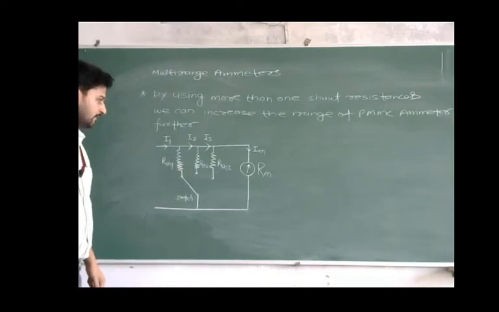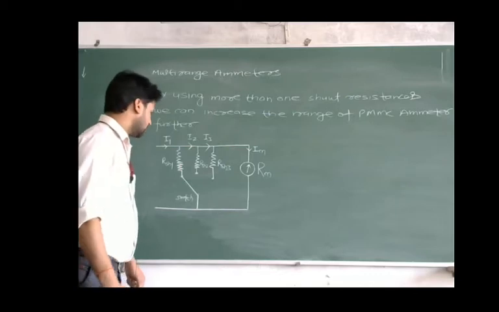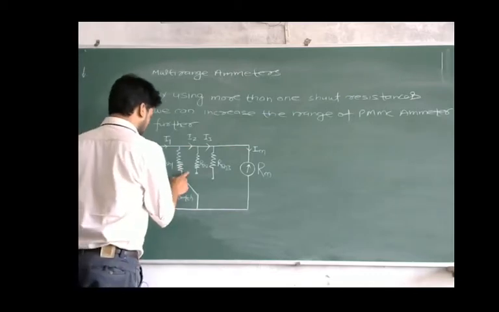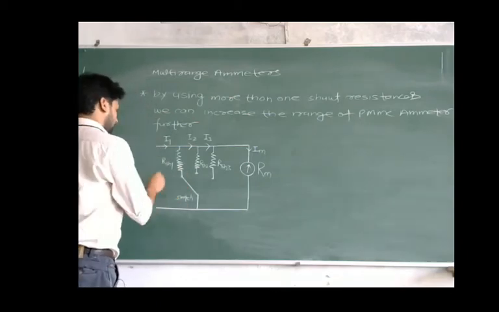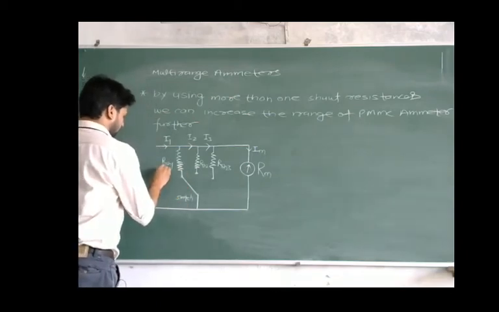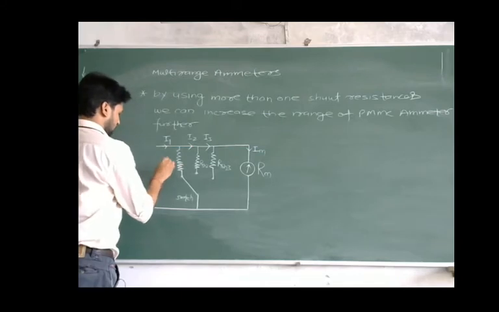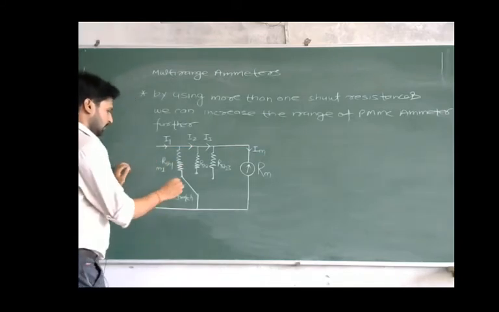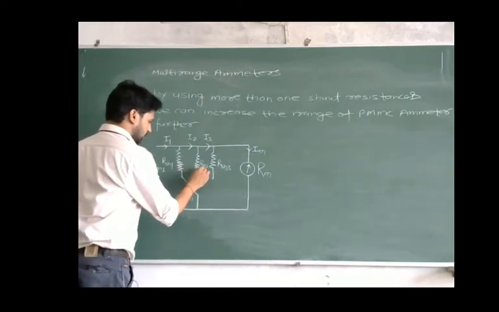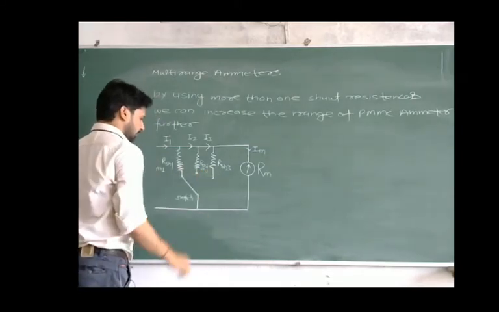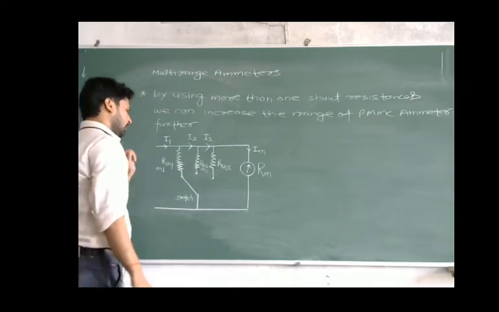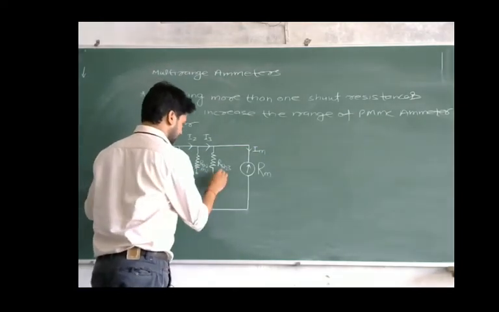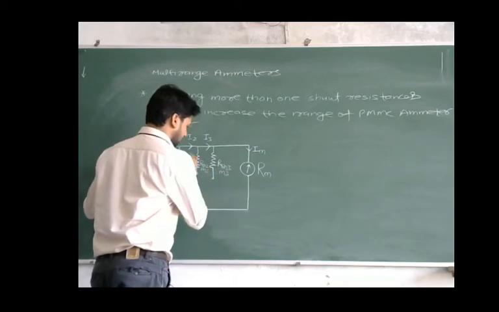Suppose when the switch is connected to RSH1, the value of the multiplying factor is M1. When the switch is connected to position 2, the multiplying factor is M2, and when the switch is connected to RSH3, the multiplying factor is M3.